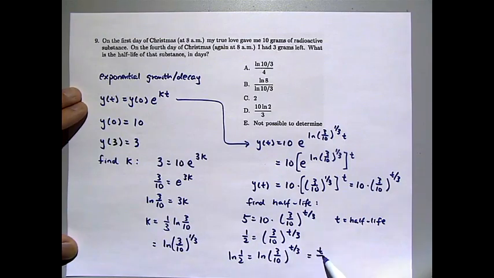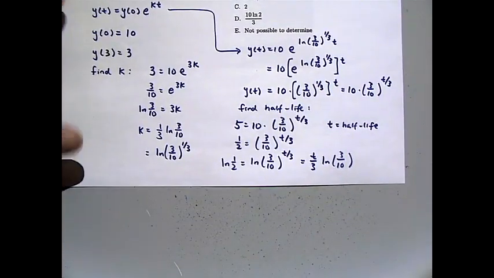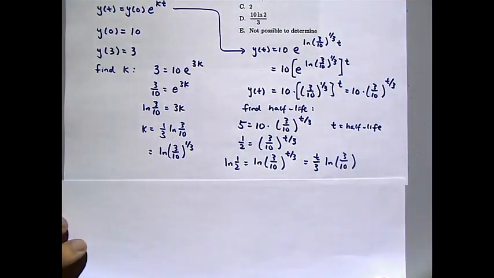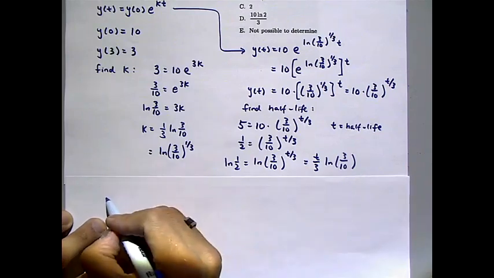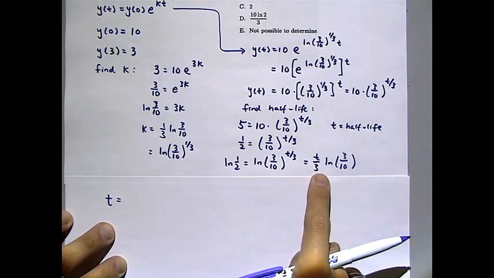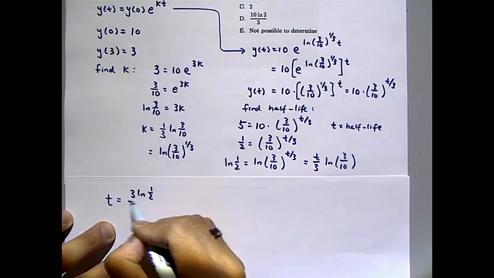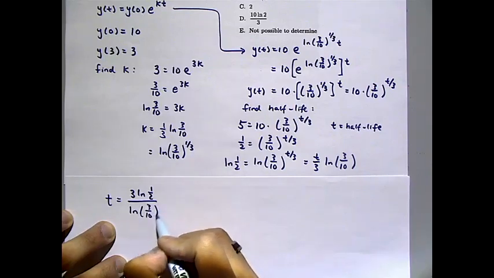So that's t over 3, ln of 3 over 10. I'm looking for t. So t is equal to 3 times ln of 1/2 divided by ln of 3 over 10.